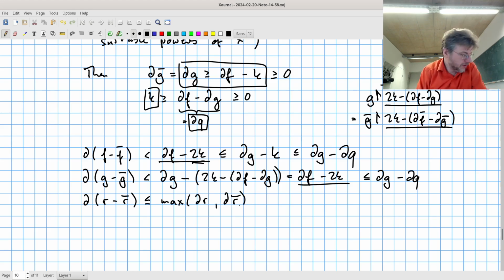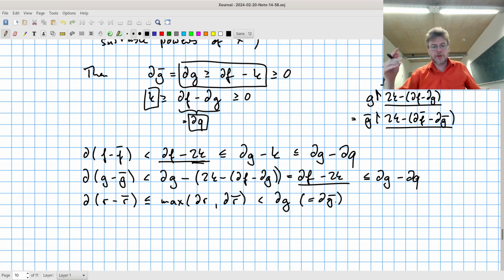So like this. And we can be sure that this is less than the degree of g, because they are the remainder of a division by g. So this one is a remainder of a division by g. This one is a remainder of a division by g bar, but g and g bar have the same degree. So this is the same as g bar. Okay.